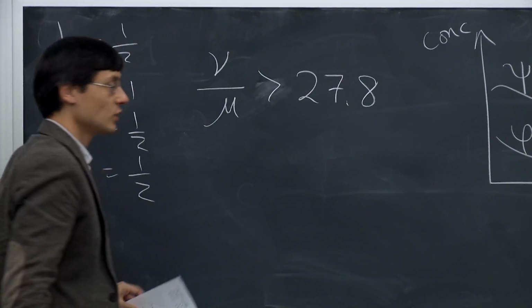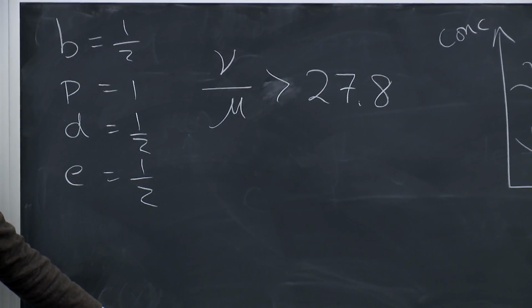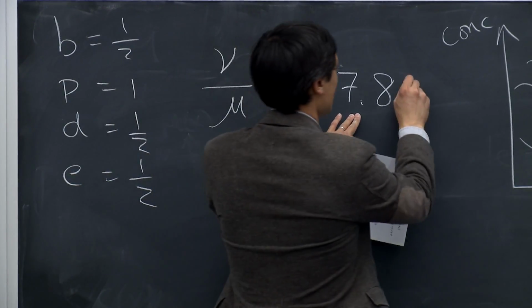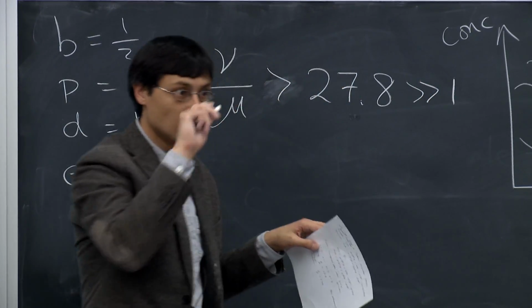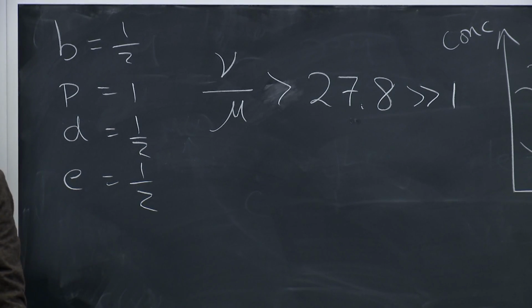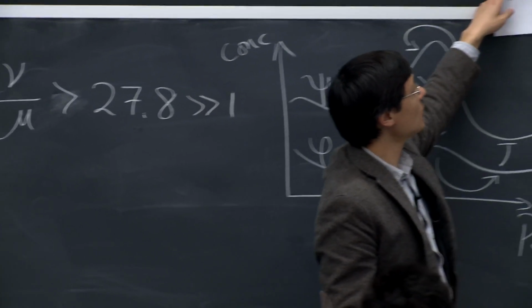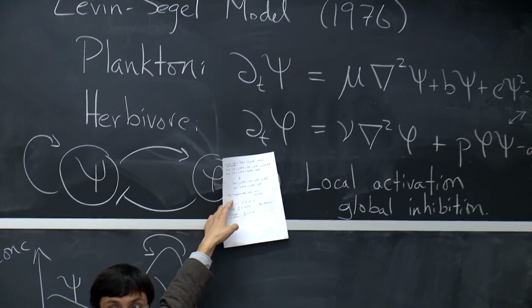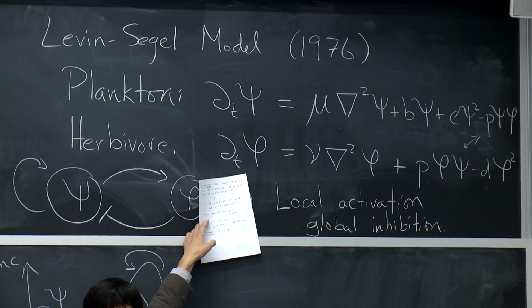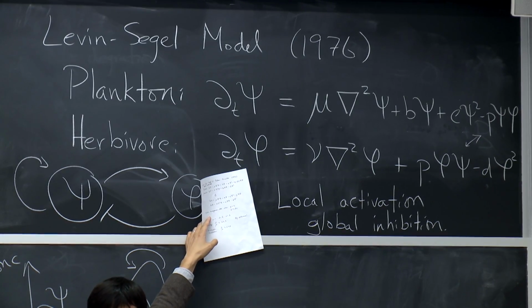The key thing, though, is that this is much larger than 1. So a general thing that emerges in these Turing patterns is that you need this so-called inhibiting partner to have a much larger effective diffusion coefficient than the activating partner.